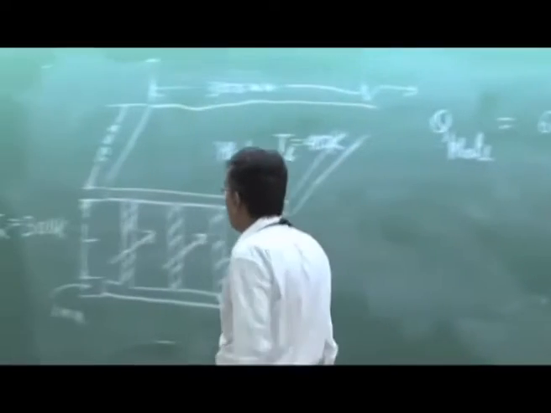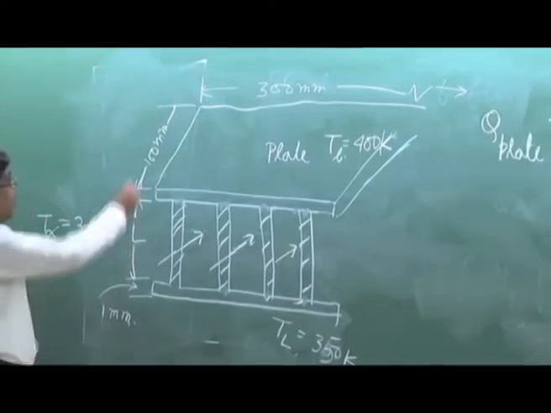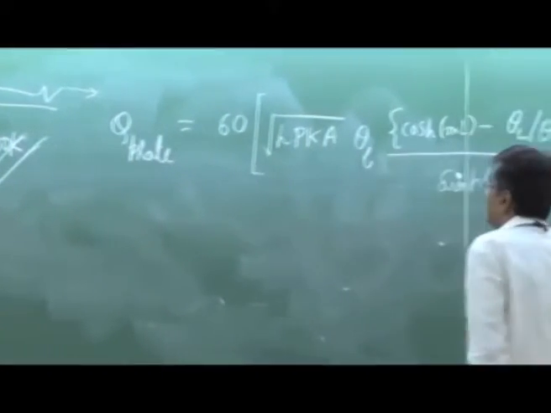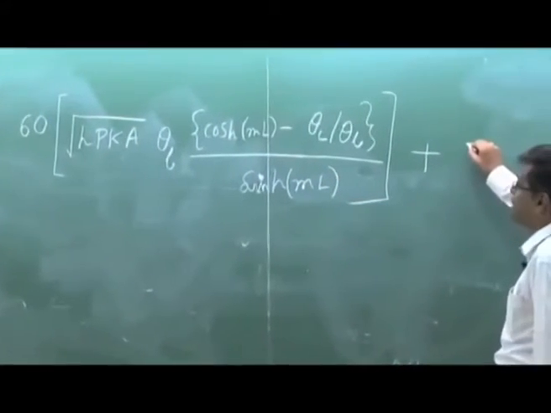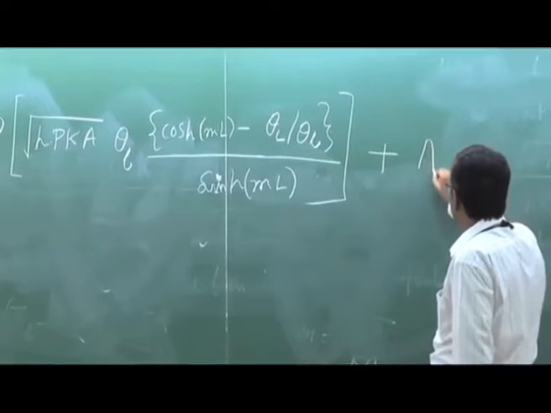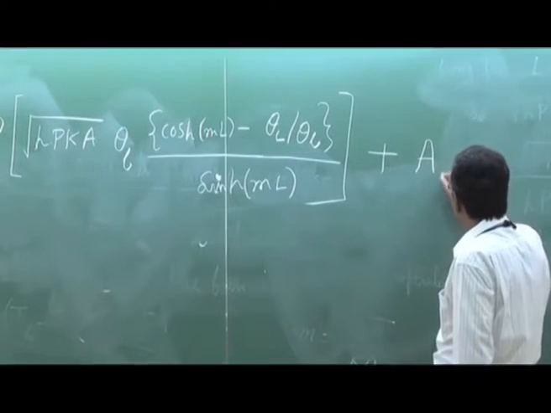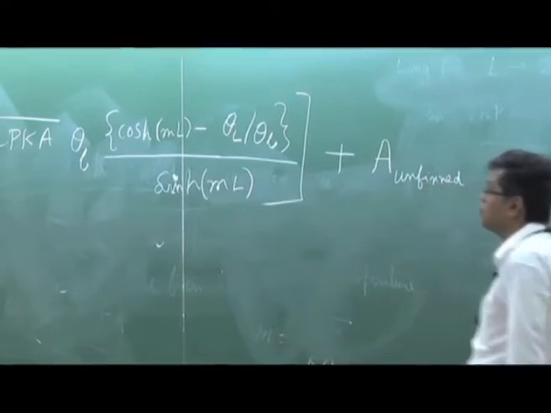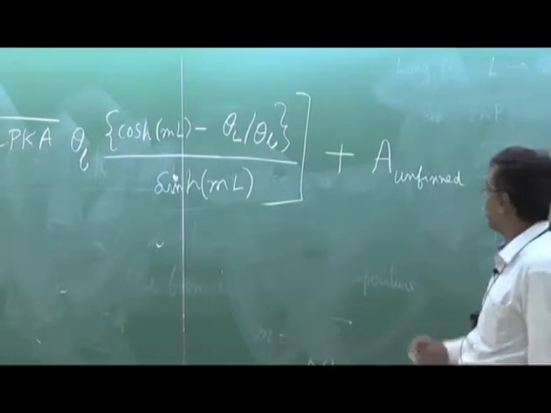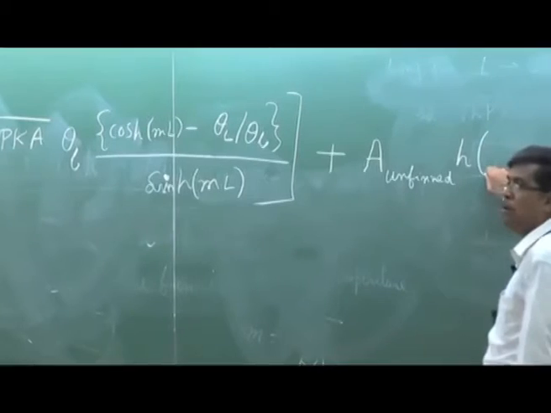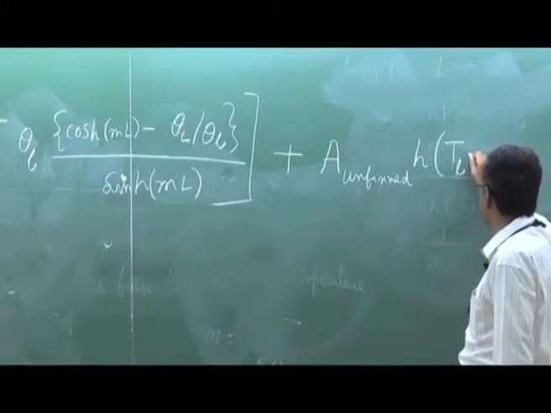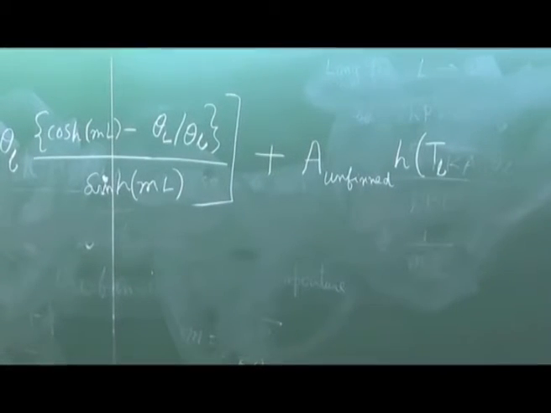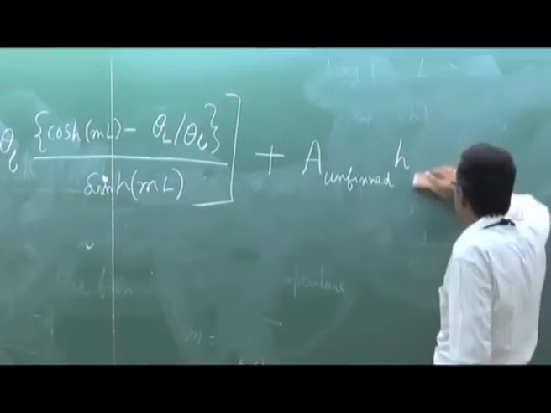Its area is what remains of 0.1 into 0.3; I will find it afterwards. So A unfinned into h into (T_B minus T infinity), simply theta_B.